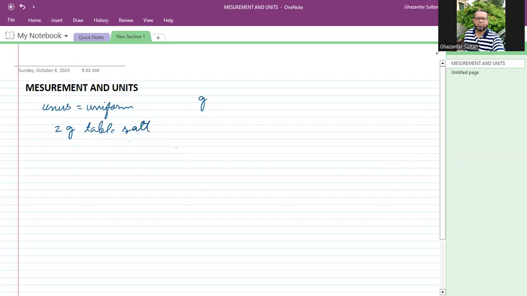If I ask you to bring 1 liter of milk, definitely I'm talking about the volume because liter is the unit of volume. So today we will study different units and their standards.